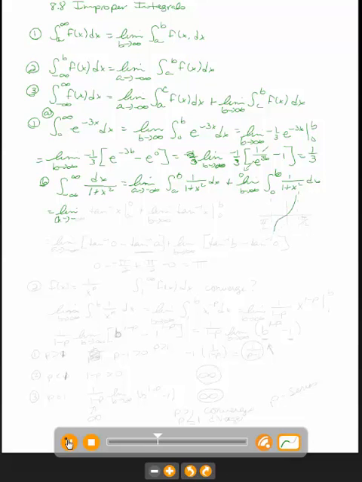And then when we integrate, this turns into an arctan of x from a to 0. This one's going to positive infinity. Same exact problem, only it's from 0 to b.